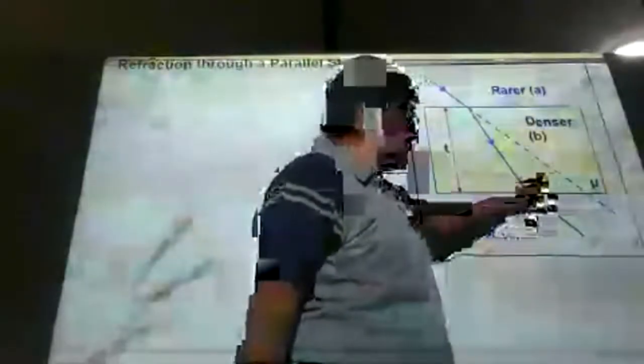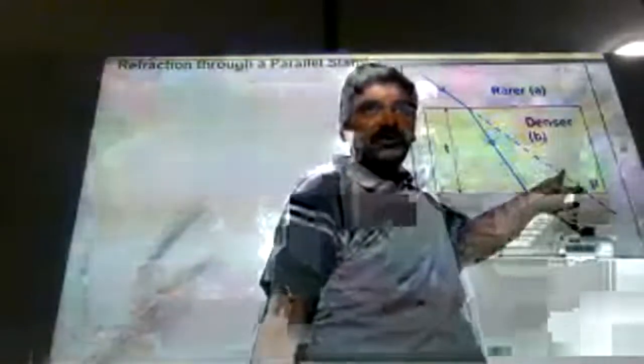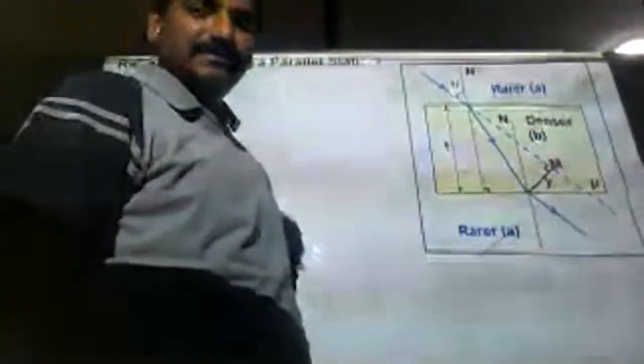The distance between the light which you have extended, that is the extended path, and the emergent light ray, how much it has shifted from here to here, the perpendicular distance, we call as lateral shift, or lateral displacement.